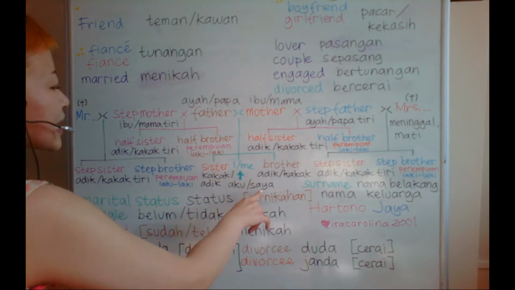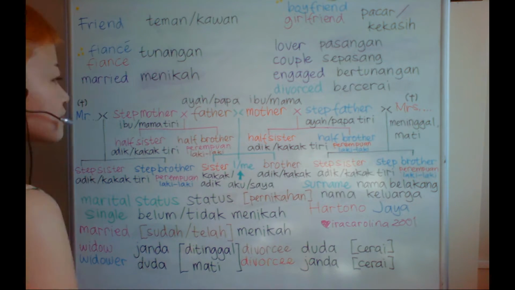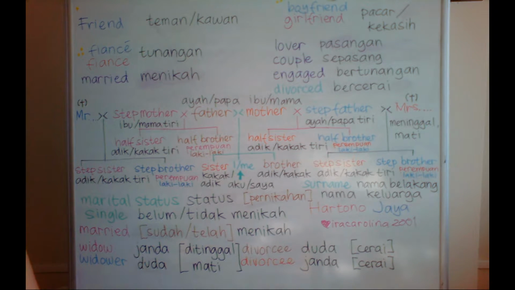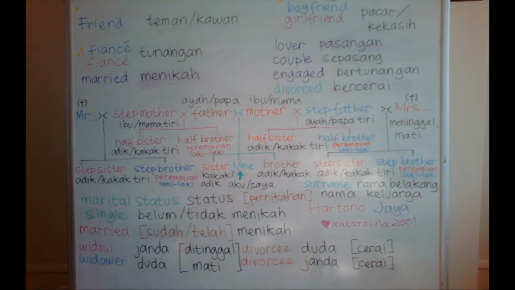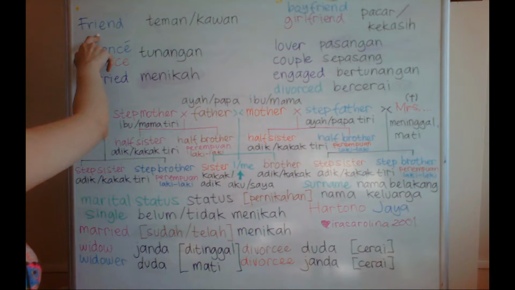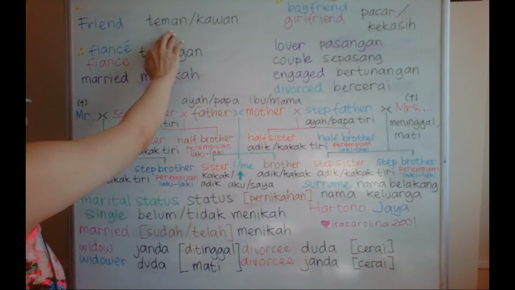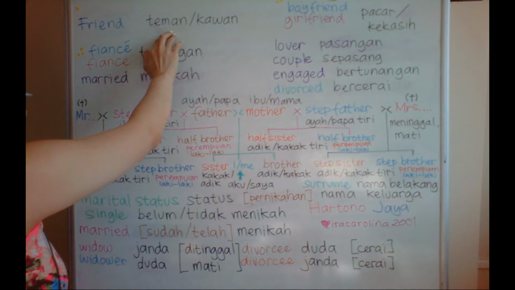Status pernikahan. Pernikahan is marital or marriage. Let's start from here. Friend is teman or kawan.